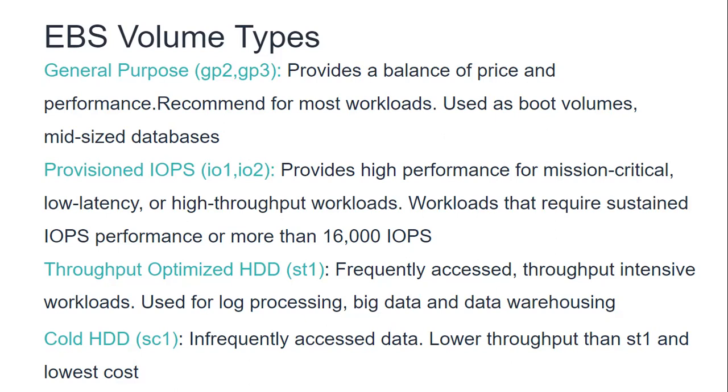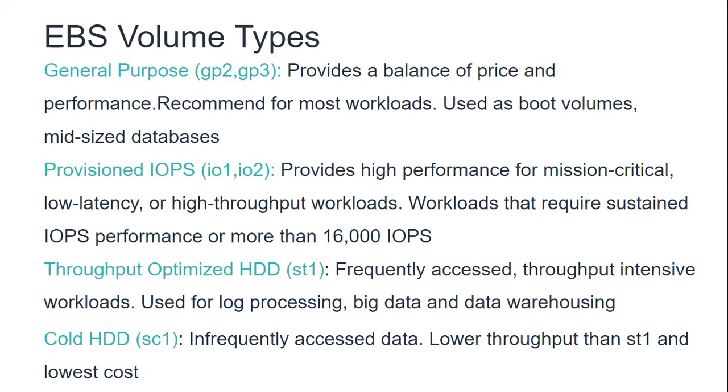So the lower, the third and fourth types, those are hard disks. You have ST1 and SC1. Throughput optimized, you'd use for workloads that require high throughput. Throughput is like a lot of data, right? You are storing a lot of data. IOPS is input and output operations.